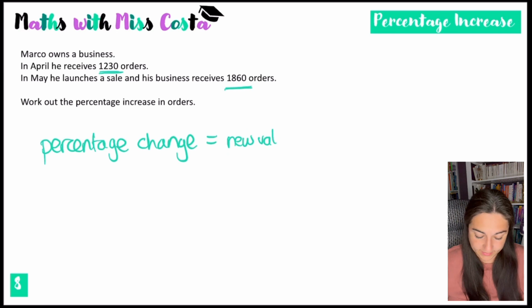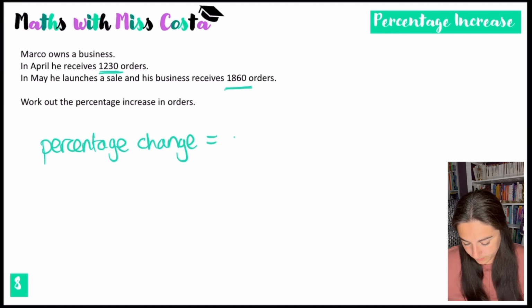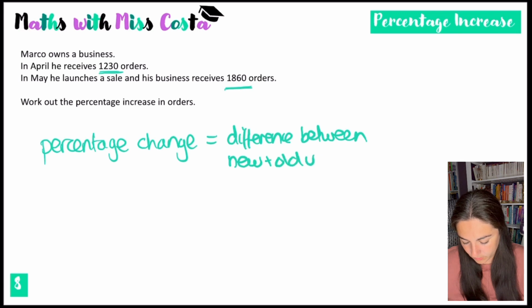the difference, okay, so the difference between new and old value over the old value, so that's like the original, times by 100.